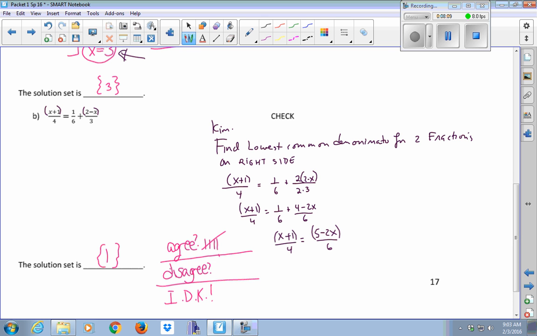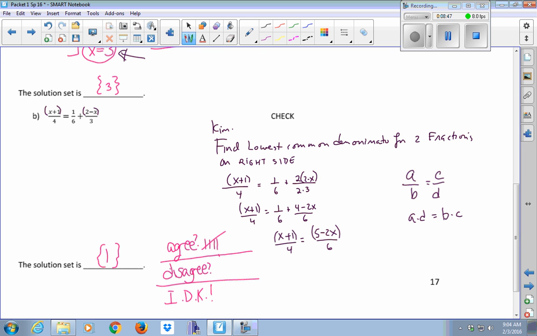Remember, a proportion is just two ratios that are equal. So every time we say something like 1/2 equals 2/4 as a true statement, that's a proportion. So if you get one single fraction on the left side and one single fraction on the right side, your job is pretty much done, because every single proportion can be rewritten as another equivalent equation by what they call cross products: A times D is equal to B times C. Anytime you have an equality between two fractions, this will always be true.